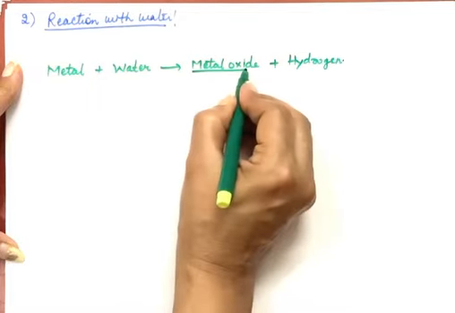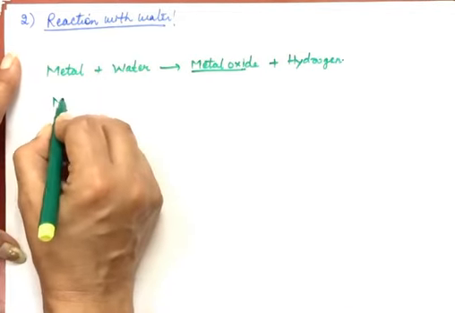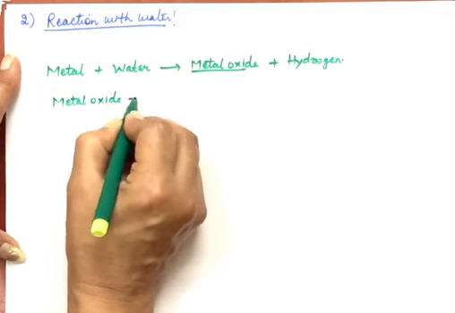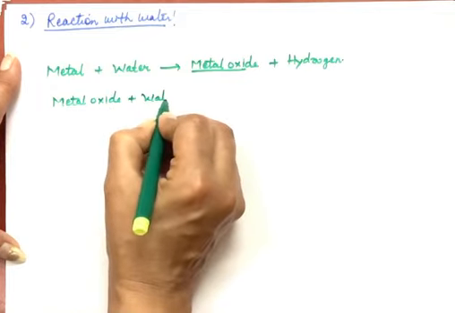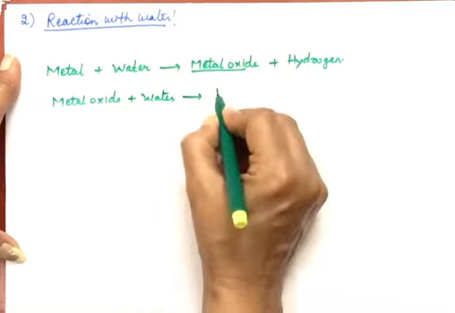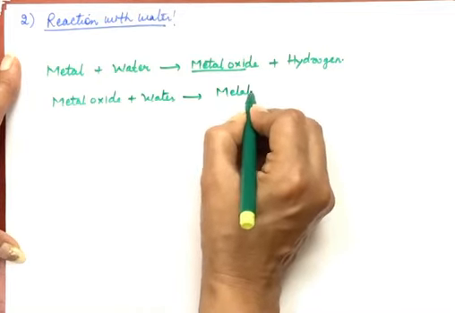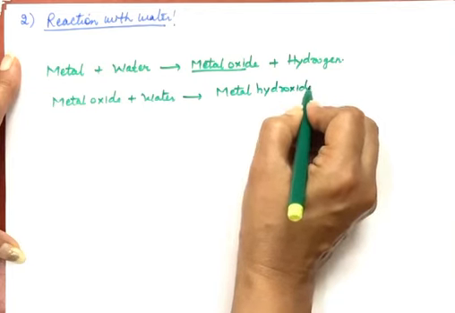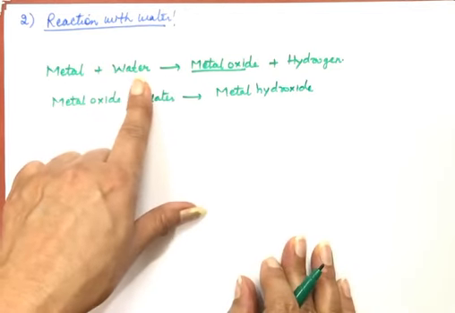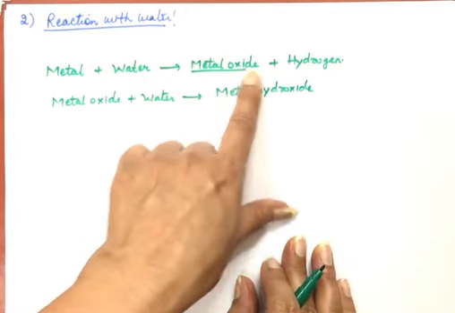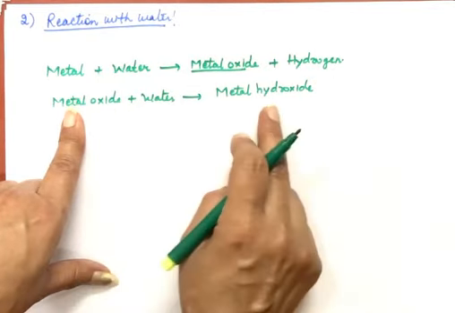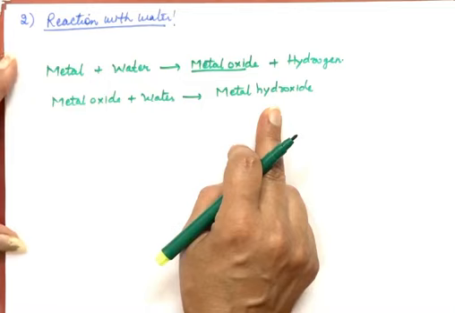And if we further add water to this metal oxide, and this oxide dissolves in this water, then what we get here is metal hydroxide. See both the reactions: it's metal with water, we get metal oxide and hydrogen. But if we take metal oxide and add water, what we get here is a metal hydroxide.